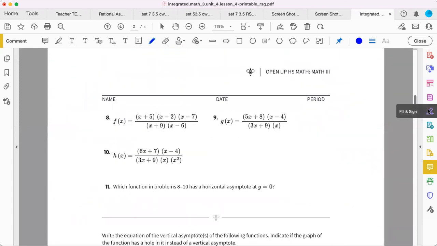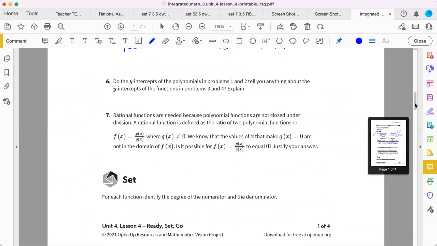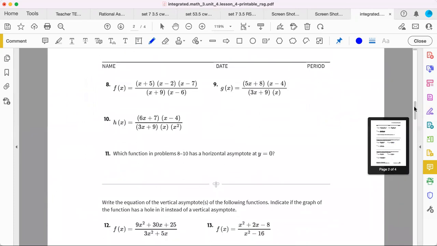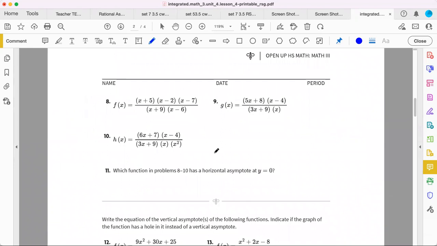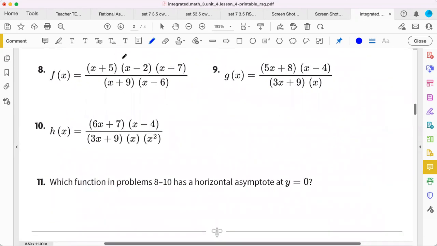What are we doing here? We're finding the degree, right? Degree of the numerator and the denominator, light work. Luckily, these are all, for the most part, multiplicities of 1, and they're all in that factored convenient form. So if you were to FOIL all this out, you end up with an x cubed term up top, some other stuff, and you would have x squared down here, and some other stuff.